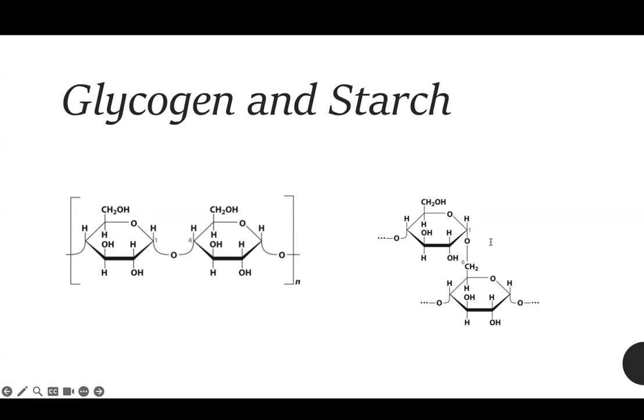These branches are really important for the quick breakdown of glucose monomers and to make energy readily available. In animals, every 12 carbons on such a long polymer chain will carry a branch, and in plants, every 24 to 30 will carry a branch.